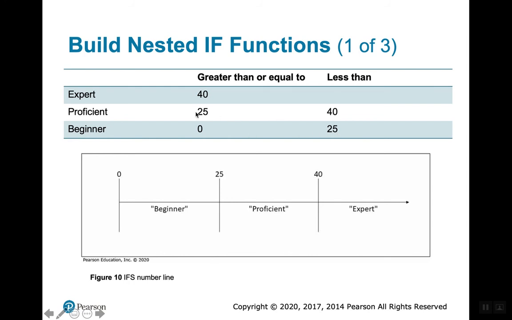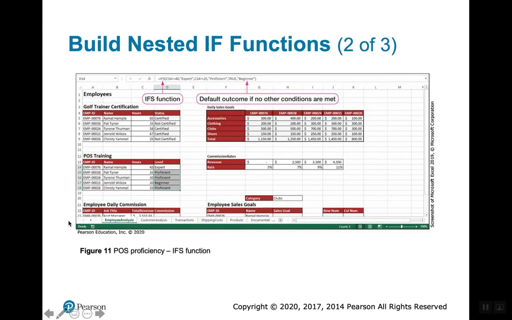Something between 25 and 40 is proficient. Anything greater than 40 is an expert. All right, so we look at this pictorially. So it's a range. We define this range, and this range. And the way we can implement this is through a set of nested if statements.